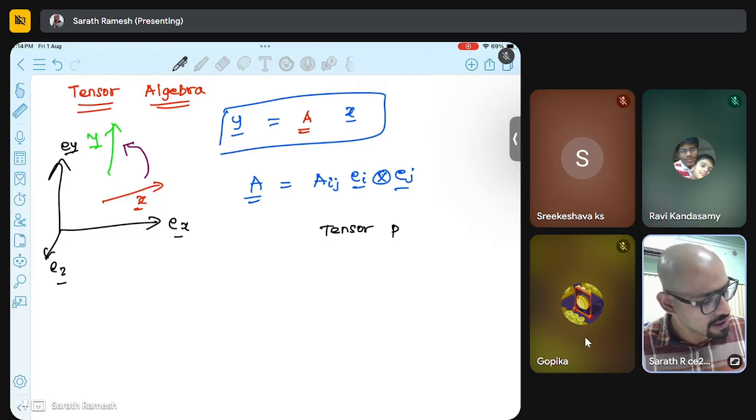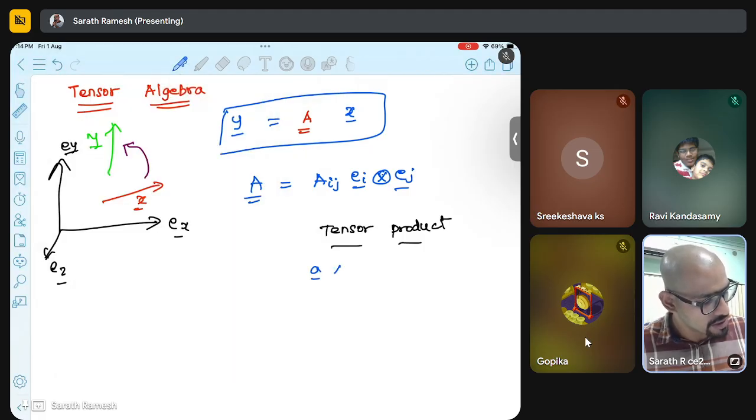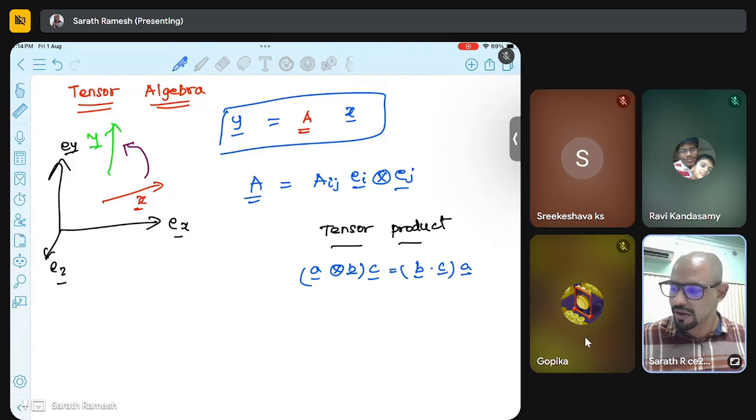This is the tensor product. As per the definition, suppose we have two vectors, a tensor product b, acted on c is equal to (b·c) times a. This is the definition that we are assuming.